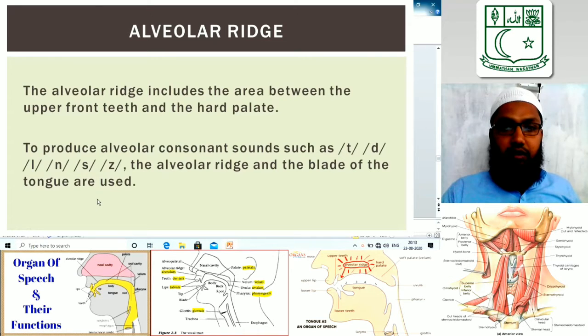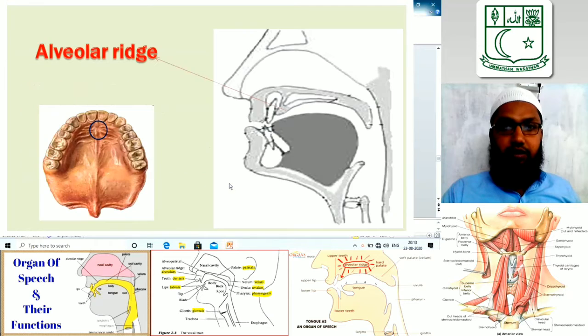Here the front part of the tongue or blade of the tongue and the alveolar ridge, which means teeth ridge. Here you can see the structure. With the help of the structure we can understand what is alveolar ridge. This is the upper teeth. Just above the upper teeth we have the alveolar ridge. Here you can see this is the front part of the tongue, blade of the tongue. Just above that we have the alveolar ridge.